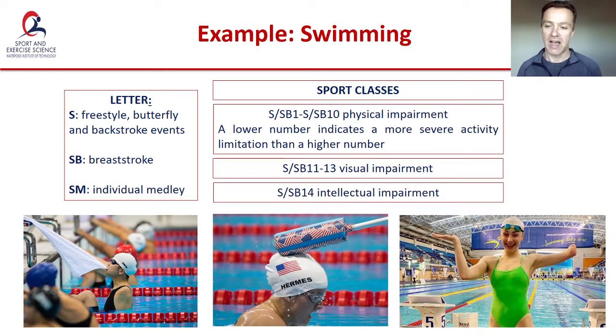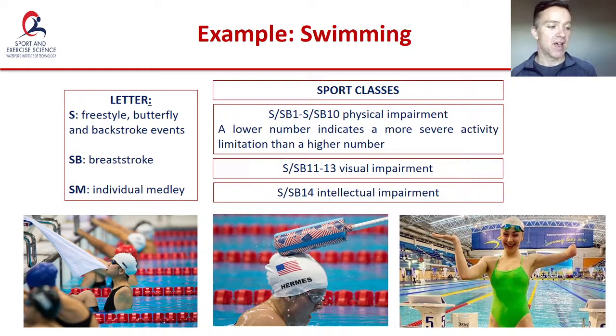So SB11 have no visual acuity and/or no light perception. They're technically blind. Whereas someone who's in S13 or SB13 has the least severe visual impairment, and they might actually compete wearing blackout goggles to remove any extra vision that they might have.